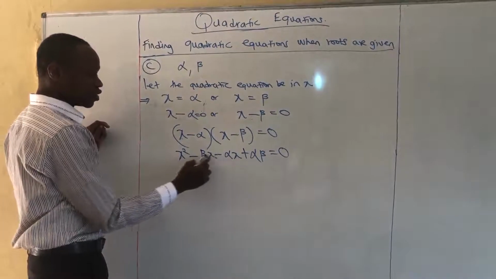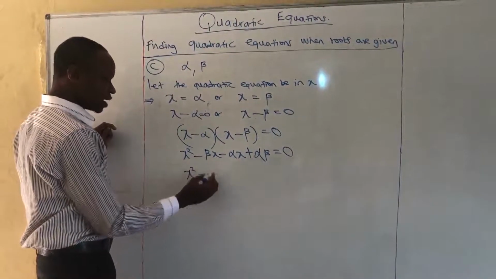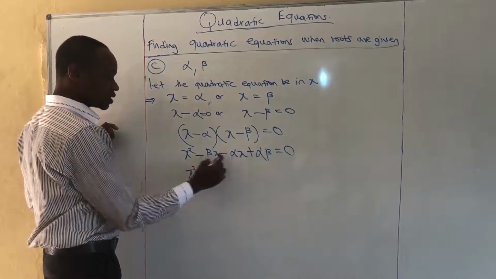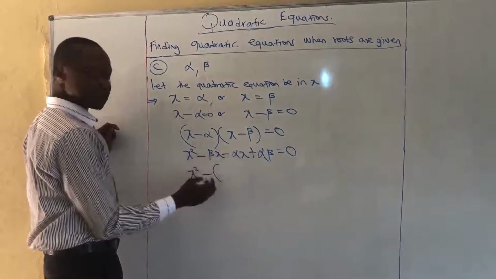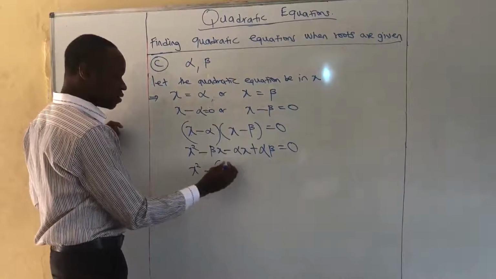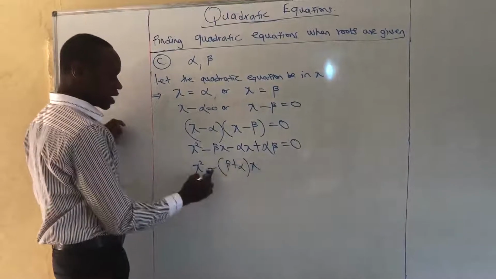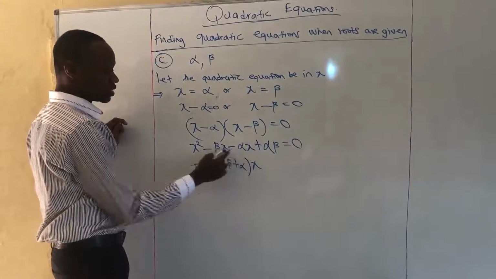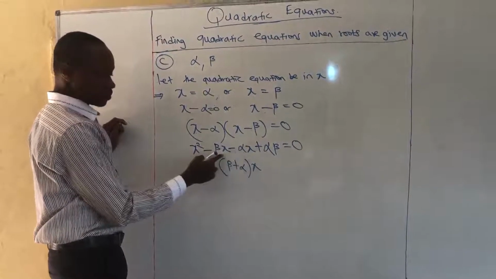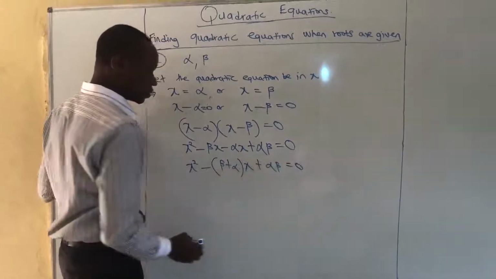Since we don't know the numbers beta and alpha stand for, we simply factorize. Negative X is common here. If I take it from here, I'll be having beta plus alpha into X. Negative X is the HCF of these two terms. So plus alpha beta equal to 0.